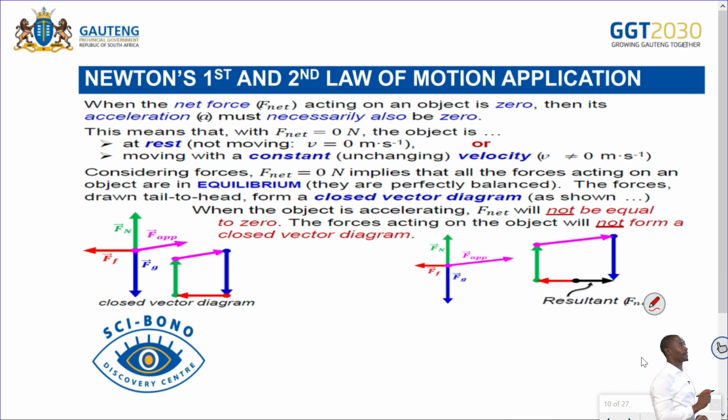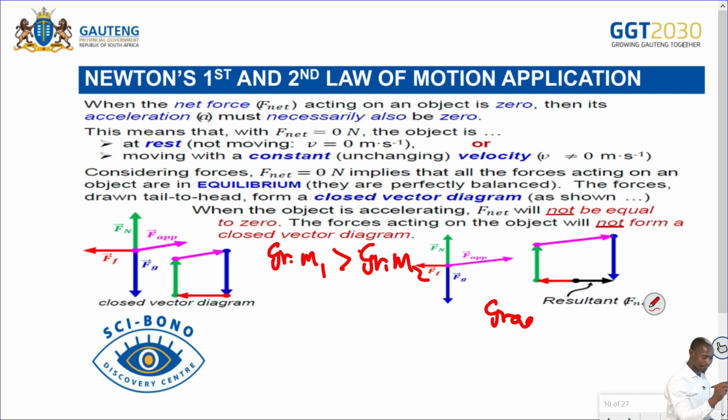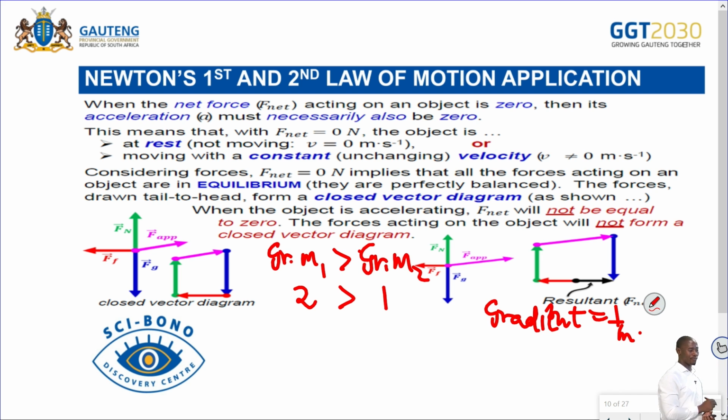Okay? So which means that if the gradient, remember we are saying the gradient, I want to write this. Okay, let me write it here. So the gradient of M1 greater than the gradient of M2. But remember, gradient represents 1 over M. Okay? So if the gradient, let's say, for example, the gradient here is 2, right? Then the gradient of M2 is 1.